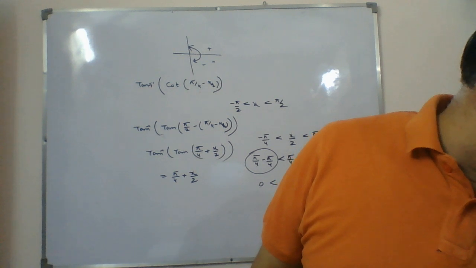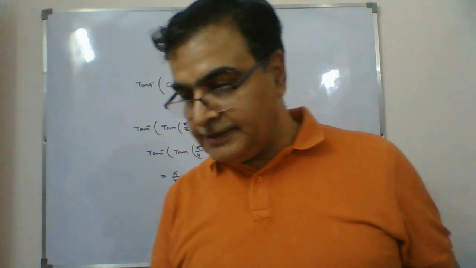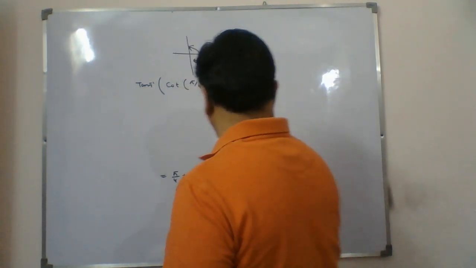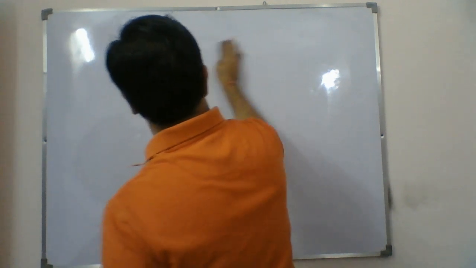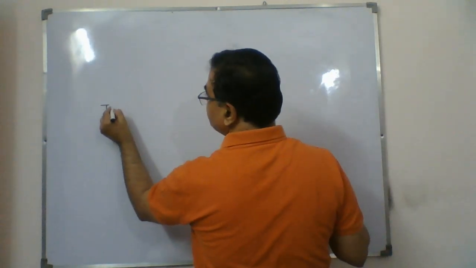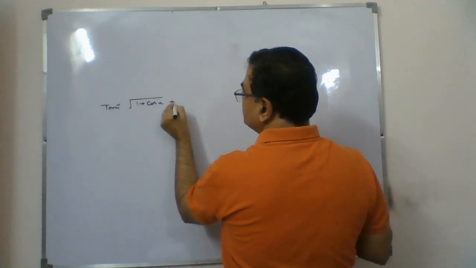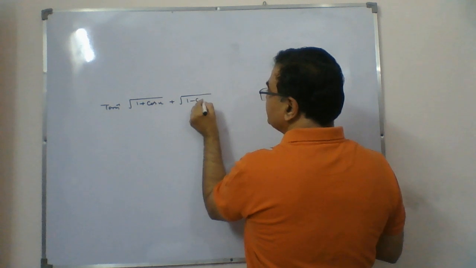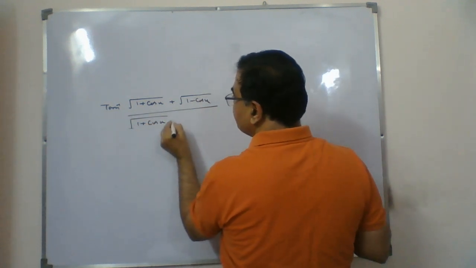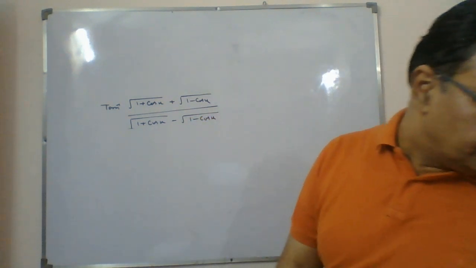Next question please. It is tan inverse of (under root 1 plus cos x plus under root 1 minus cos x) whole divided by (under root 1 plus cos x minus root of 1 minus cos x).